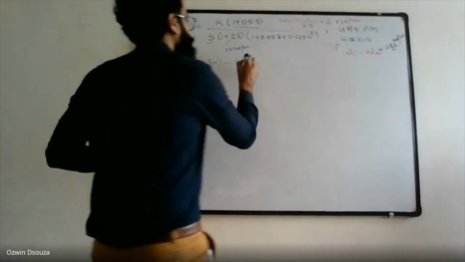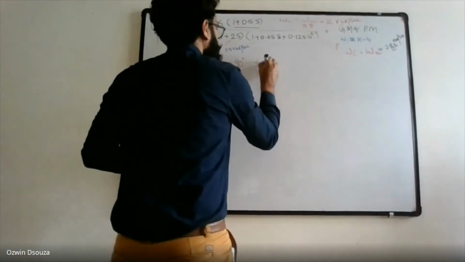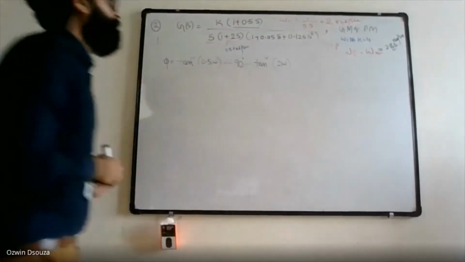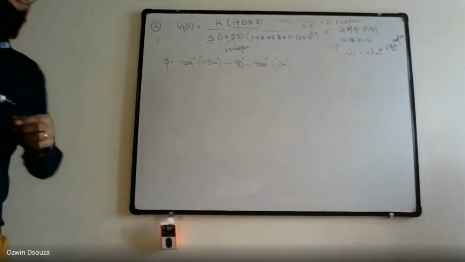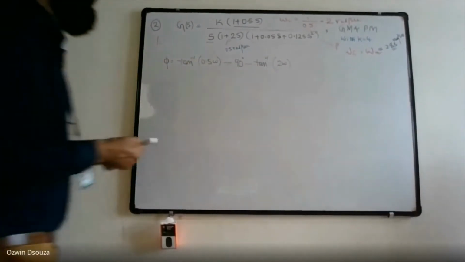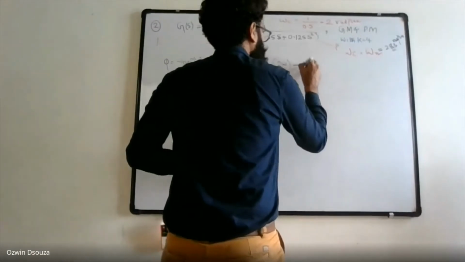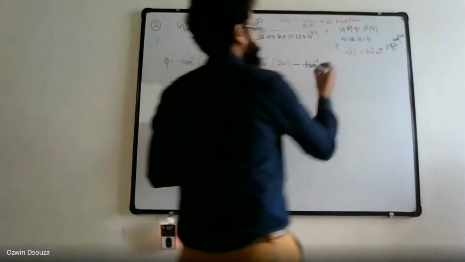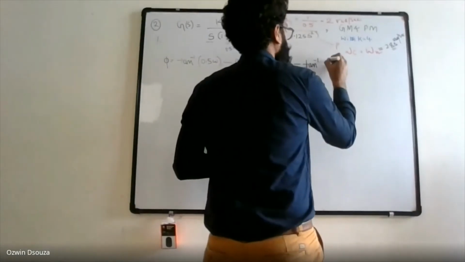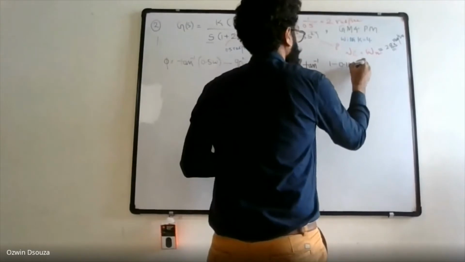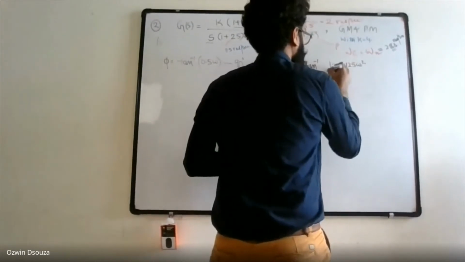And then we have minus tan inverse of 2 omega, and then minus tan inverse of the imaginary part 0.5 omega over the real part 1 minus 0.125 omega square.